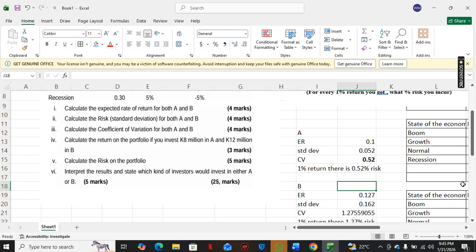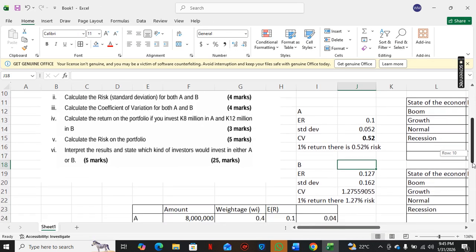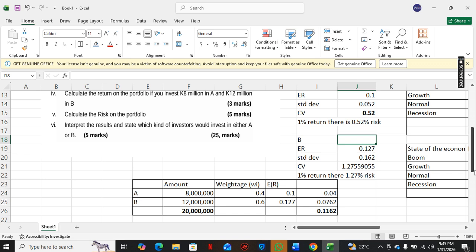Weightages are just saying out of the total money we've invested, how much have we invested in A and B? That's what the weightage is telling us. Okay? A we invested 8 million, B 12 million. So in total we invested 20 million. Out of this 20 million, what percentage is investment A? So you're going to say 8 million divided by 20 million.